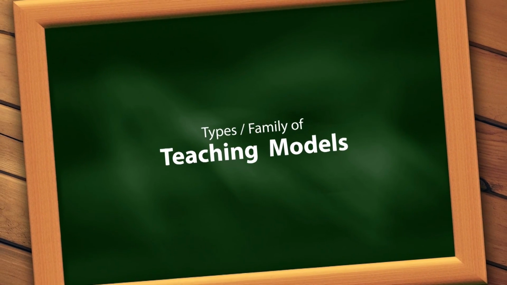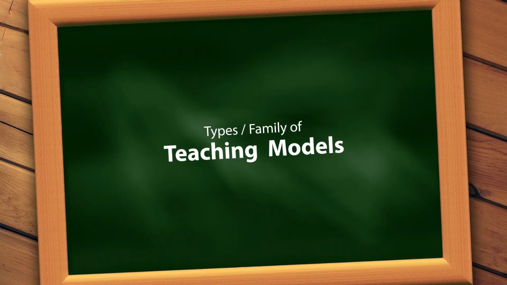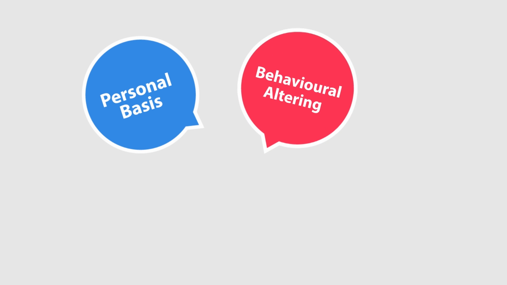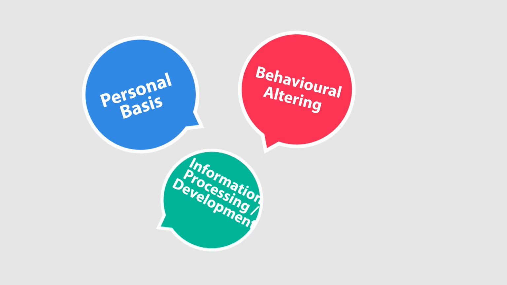Now, what are different families of teaching models, or how can we classify teaching models? There are four major families or four major types of teaching models. First is personal models, or classification of the teaching models on personal basis. Then behavioral altering or behavioral change models. Then the third family of teaching models is social interaction models.